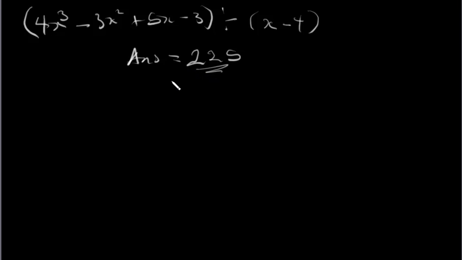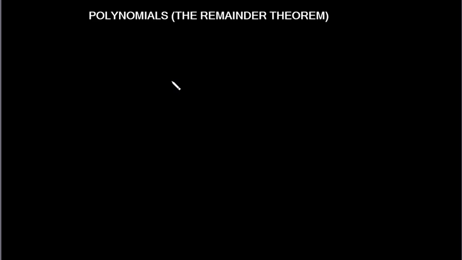Okay, that's one way to arrive at the remainder. Now there's another way to arrive at the same solution. Let's look at it. It's a very popular one. It is called the long division method. Using the long division method, you can arrive at the same answer.